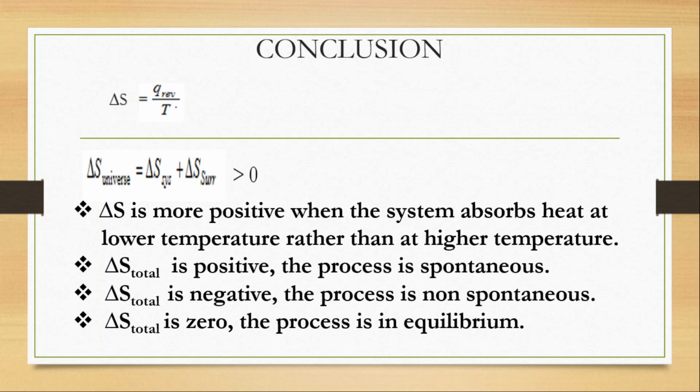That means delta S for a system is inversely proportional to temperature. Clear? So that is the more important point: the lower the temperature of the system, the more delta S will increase. So we'll move on to the next. This was the conclusion of our last class.